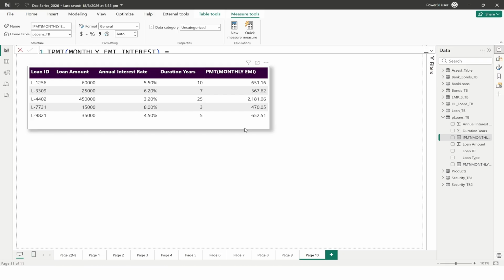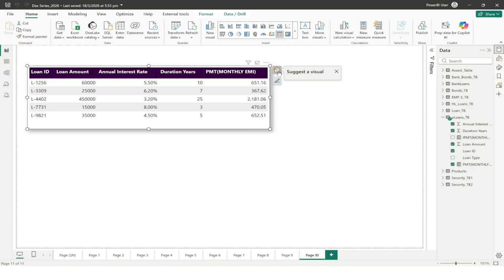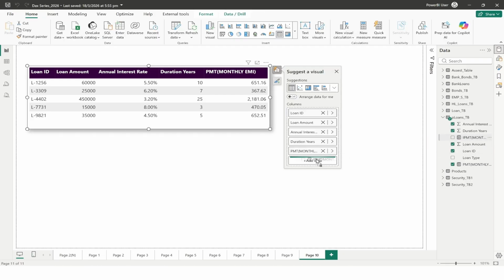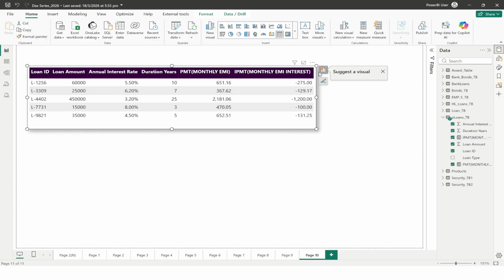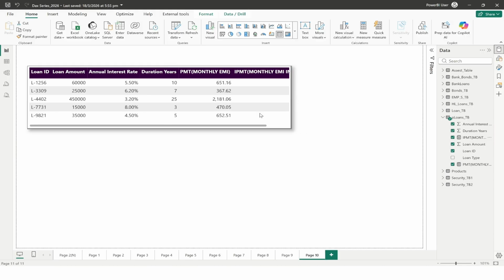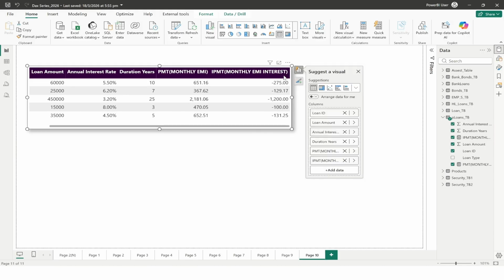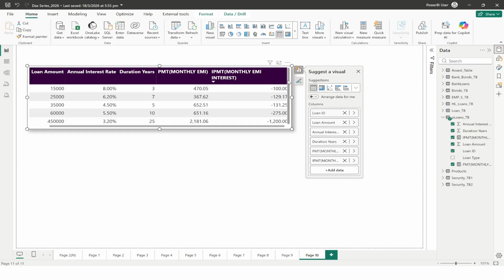Perfect. Now let's go and drag this measure in the same table, IPMT.